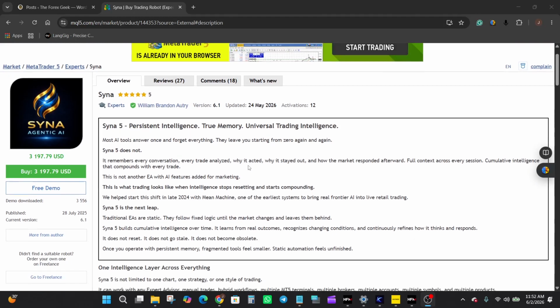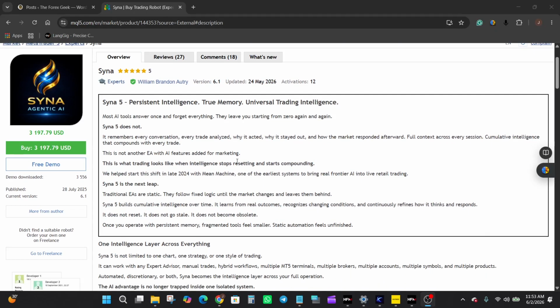From the description, this EA is presented as something beyond a traditional expert advisor. It's described as an AI-driven trading system built around what the developer calls persistent intelligence, meaning it retains context and learning across sessions instead of resetting each time.